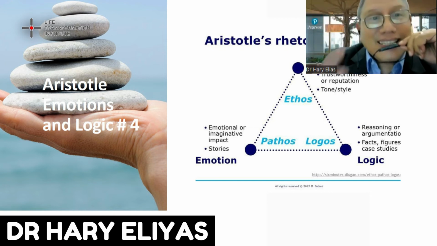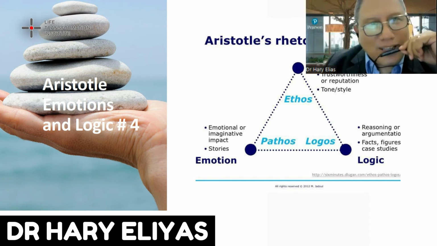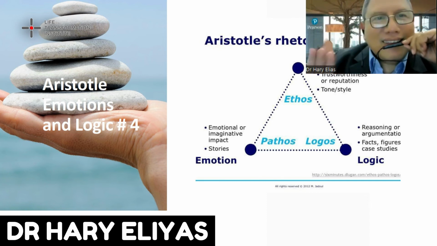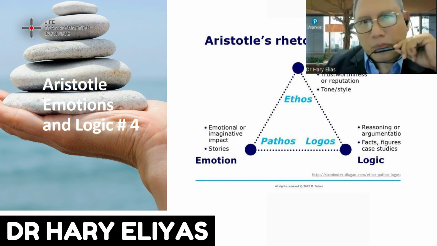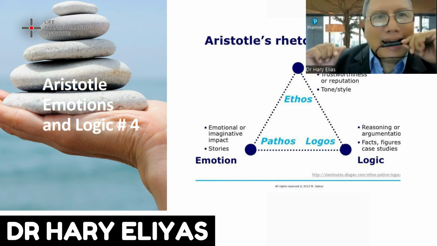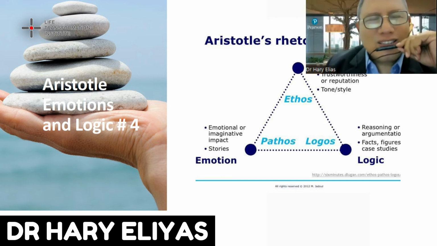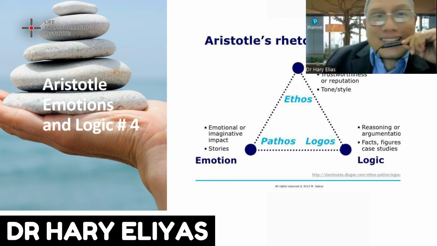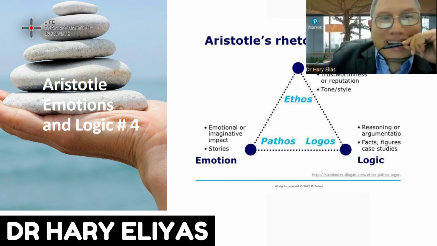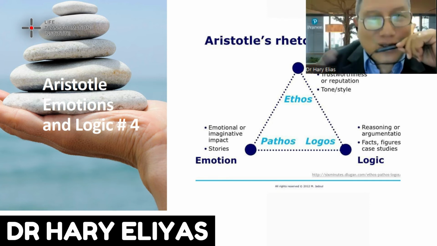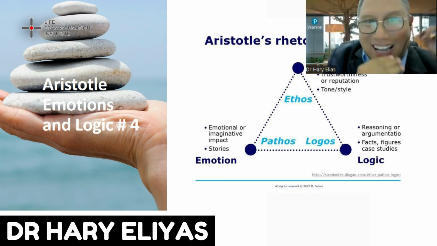Now, his approach to persuasion is that there are 3 things you can use. And he calls them ethos, pathos, and logos. Now, what does this man who lived 2,500 tahun before can teach us today in 2023?